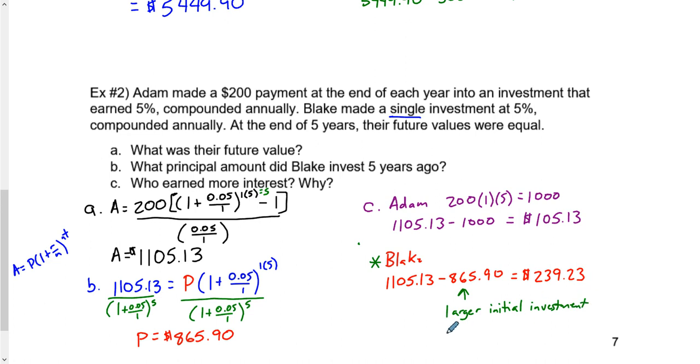He was able to earn more interest because he had more money in there every single time, or he had more money in there for a longer period of time. So yeah, more money in for a longer time.